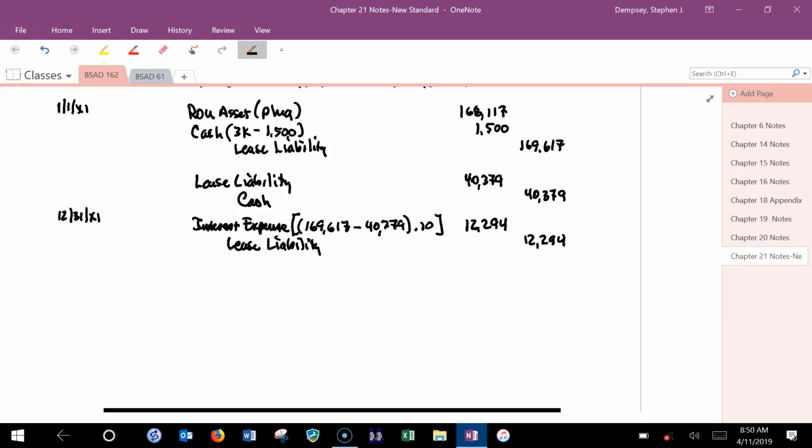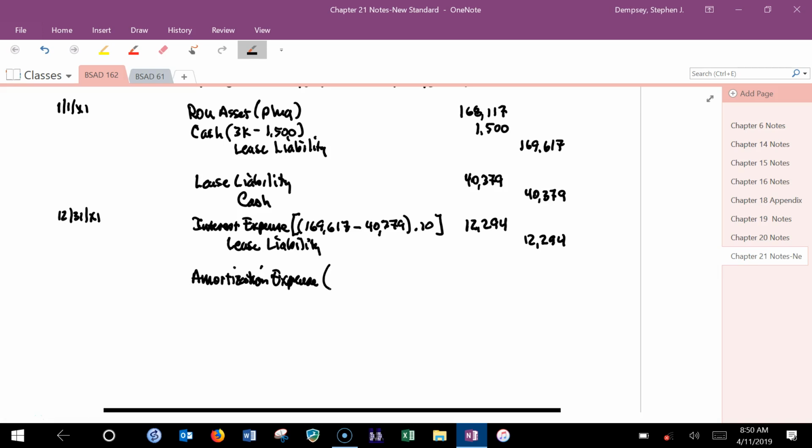Depreciation or amortization of the ROU asset. So in the standard, they call it amortization expense. To be consistent, we'll do that. And based on what cost? Based on what cost?